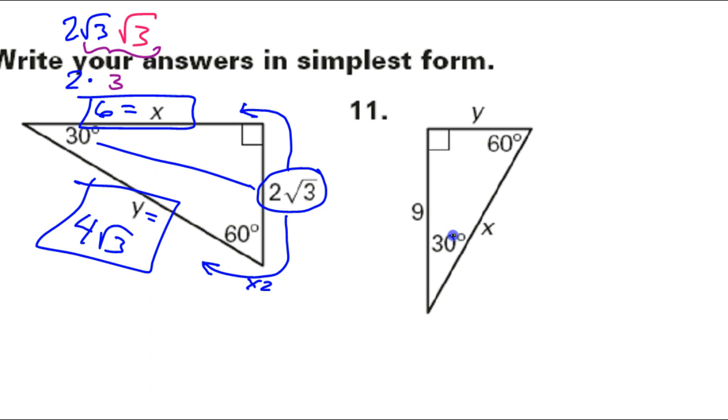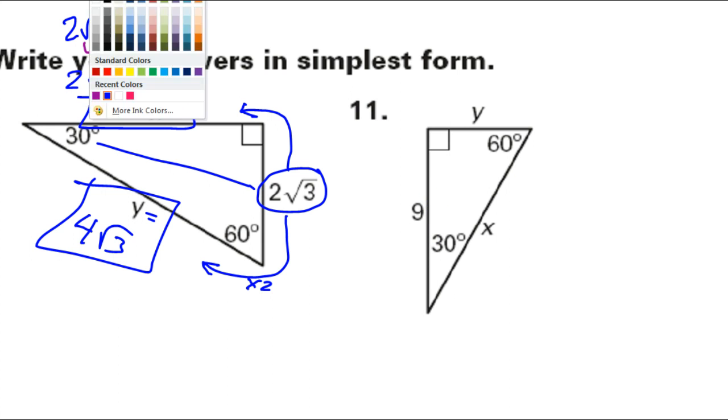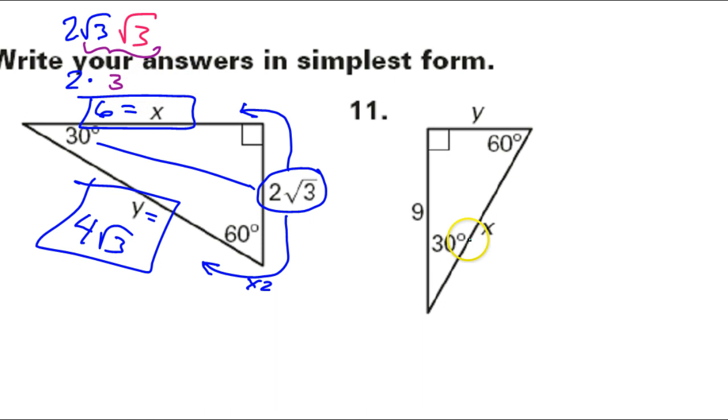Look at number 11. Let's see, what did they give us? They did not give us the short leg, did they? They gave us the long leg, okay? And it's not even something that has a radical 3 on it. So here's how I like to approach this type of problem.